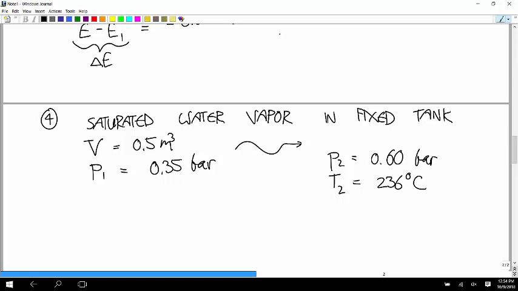And so what you can expect to happen is, if this is saturated and you're adding energy to the system, you're taking this vapor out of being a saturated vapor and making it superheated. And so for this second state, you don't really expect to be able to use the table for a saturated vapor, although you could check to see if that's the case.